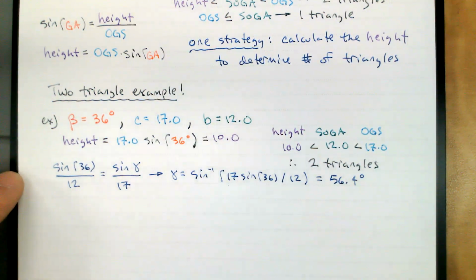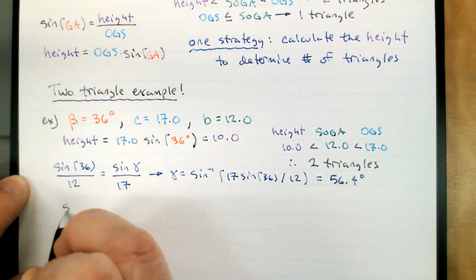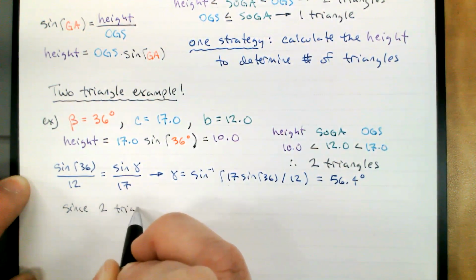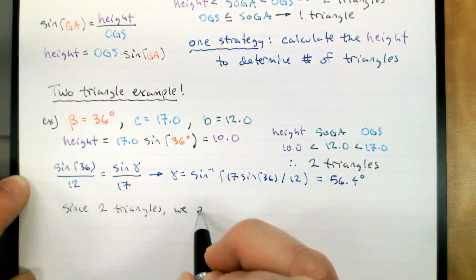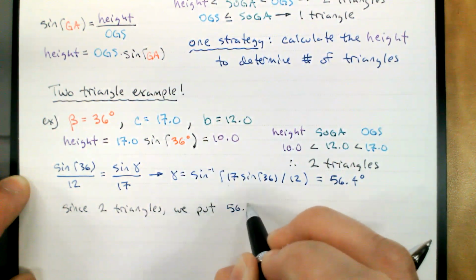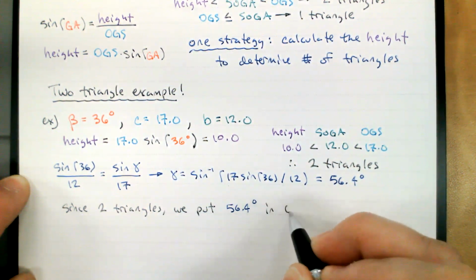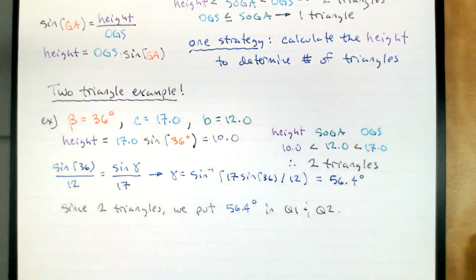Since it's two triangles, that's how we get two triangles. We put it in quadrant 1 and quadrant 2.